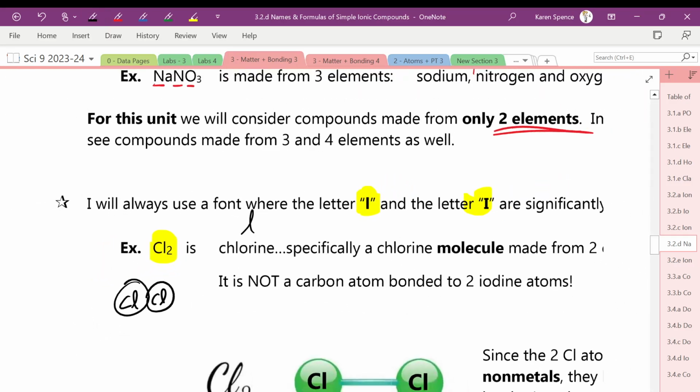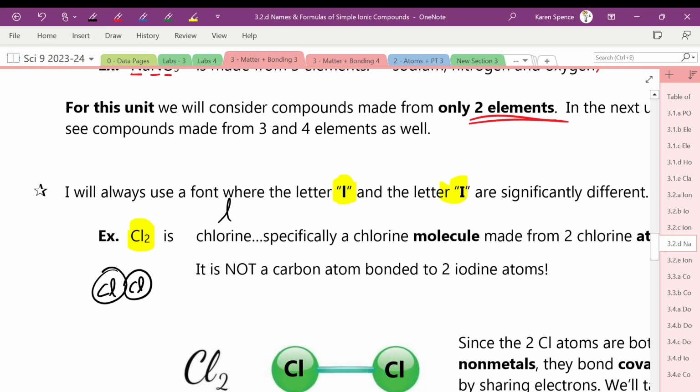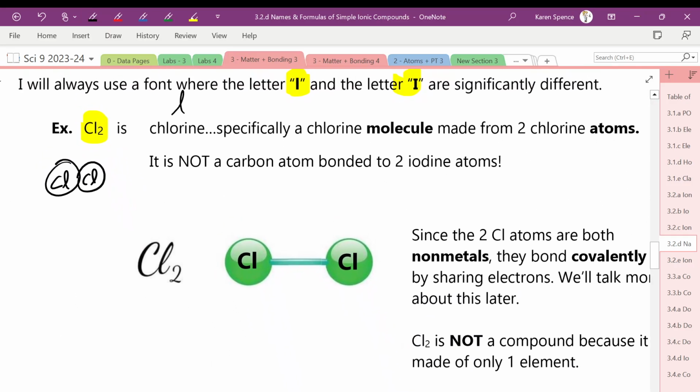That's totally fine. So there is our Cl2. What do we call it when we have two atoms stuck together? That is a molecule. And it's a molecule made of two chlorine atoms.